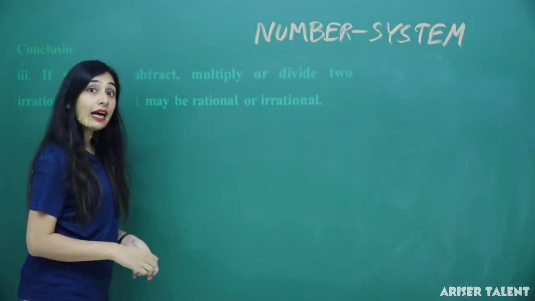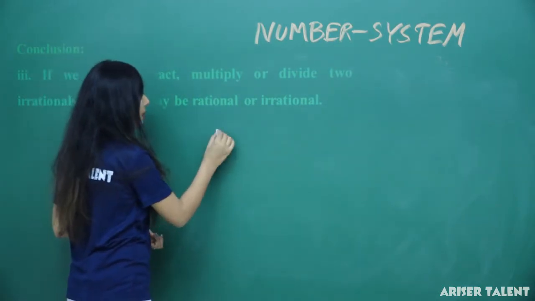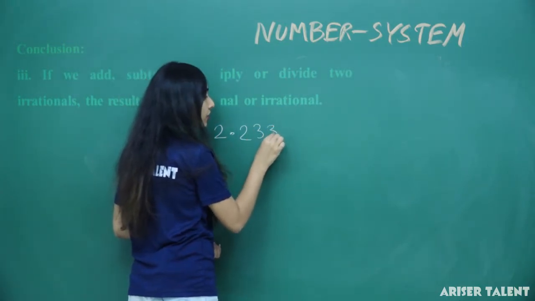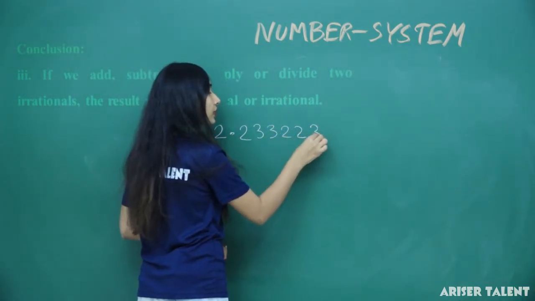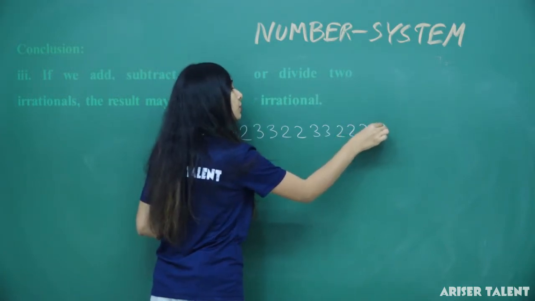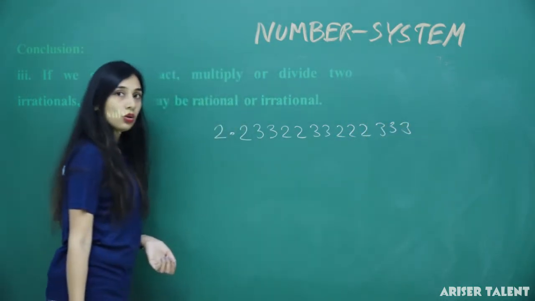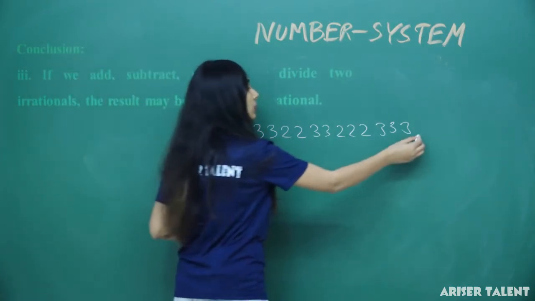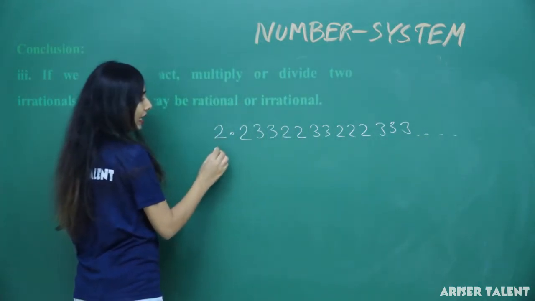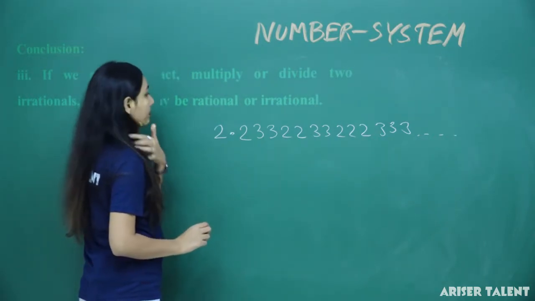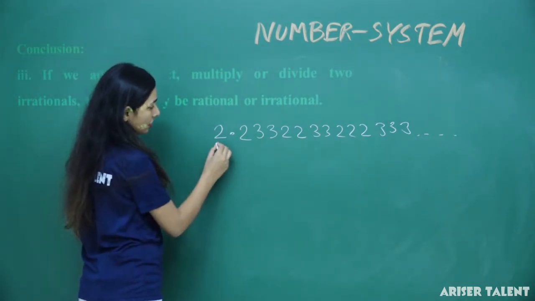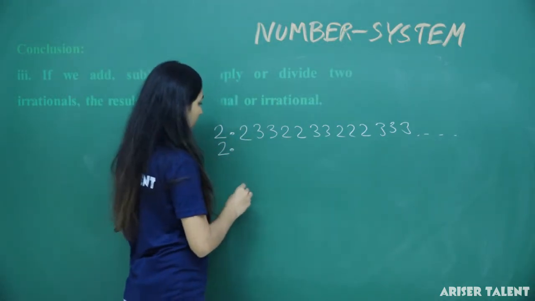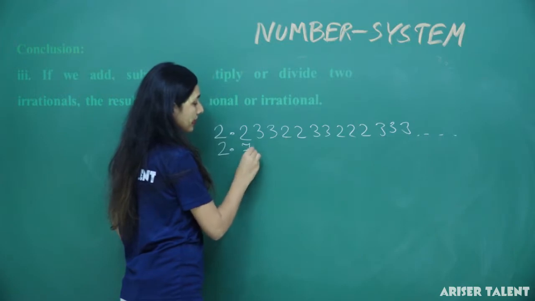Now addition, you will ask, how is it possible? Okay, I have this particular number 2.2332233223333 and so on, and somehow I will get one number which is, let's suppose, 2 here, but point, and now that will be, let's suppose, 7.